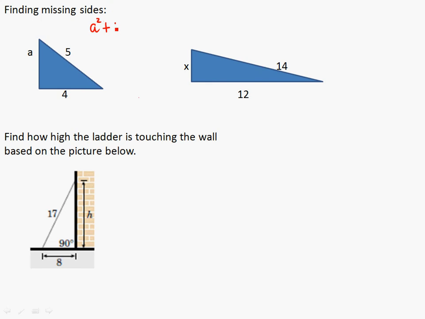Well, so A equals, okay. And once you do this, you can sort of skip certain steps, but let's just write it all out for right now. So A squared is equal to 25 minus 16, right? So that means that A squared is 9, right? So A must be 3.